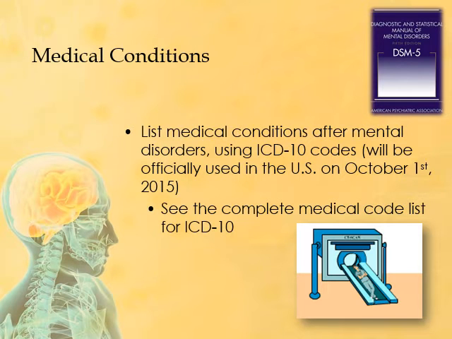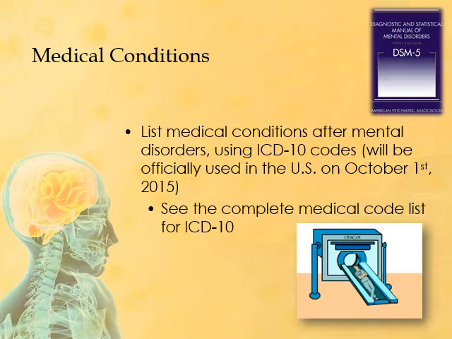So we've talked about clinical disorders in the DSM-5. We're now going to talk about medical conditions, which are also listed as part of the diagnostic profile of a person. You list medical conditions after mental disorders using what are called ICD codes, which will be officially used in the United States on October the 1st, 2015. So if you are watching this video and currently in practice before October 1st, 2015, you will be using ICD-9 codes.